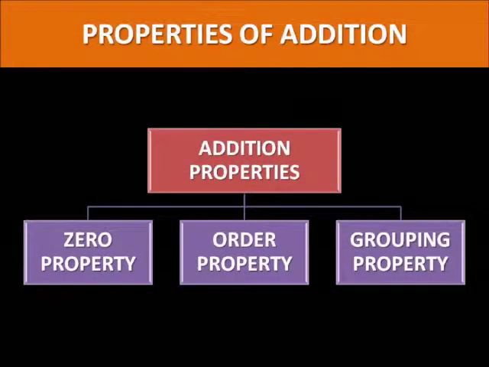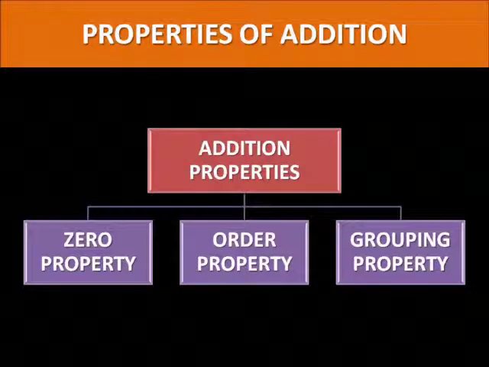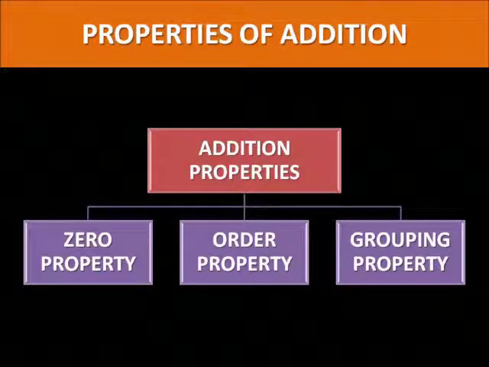Let's move on to the properties of addition. So there are mainly three properties of addition. That is, we have categorized the properties of addition into three broad categories. The first property is the zero property of addition.